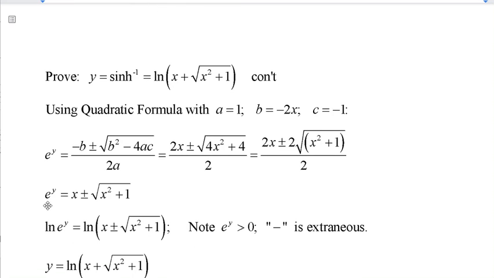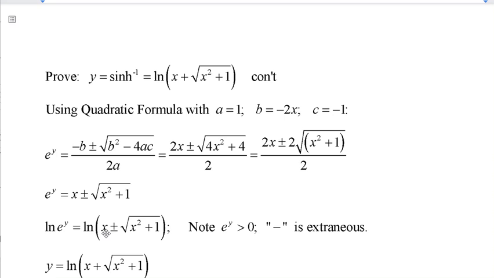And now take the natural log of both sides, so we get the natural log of e to the y is equal to the natural log of x plus or minus the square root of x squared plus 1. And recall that the natural log of e to the y is just y. The square root of x squared plus 1 is larger than x.